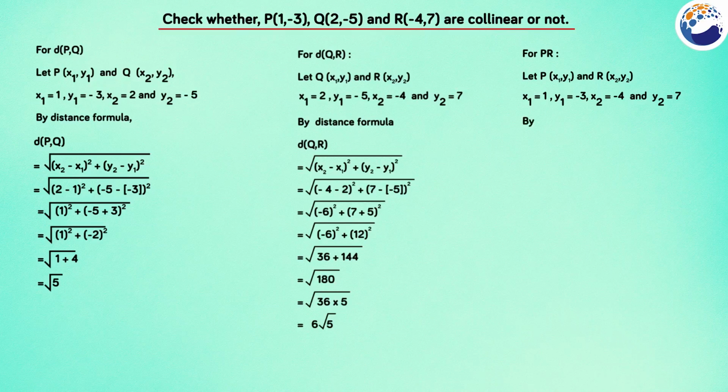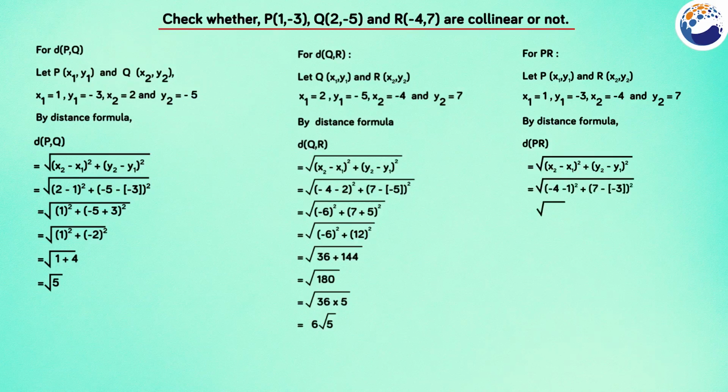By distance formula, distance between points PR is equal to square root of (x2 minus x1) the whole square plus (y2 minus y1) the whole square, is equal to root of (minus 4 minus 1) the whole square plus (7 minus minus 3) the whole square. That is equal to square root of (minus 5) square plus 10 square, which is root of 25 plus 100, is equal to root of 125. We get 5 root 5.